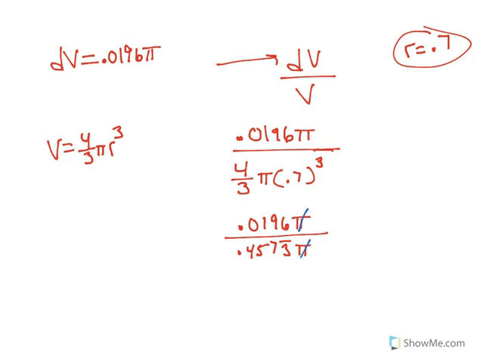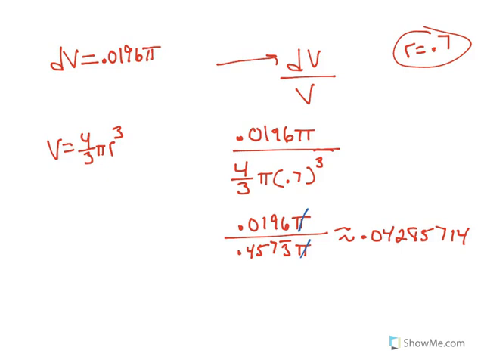And if we work that out on a calculator, it should be approximately 0.04285731429, whatever you want to go to for decimal places. So there's the approximate relative error, and even this number doesn't speak too much, it's kind of hard to imagine if that's a big change.